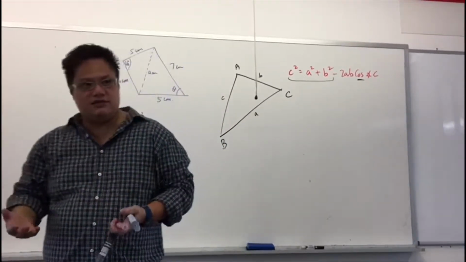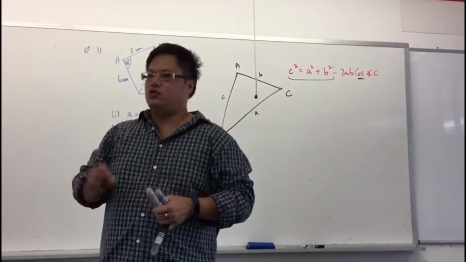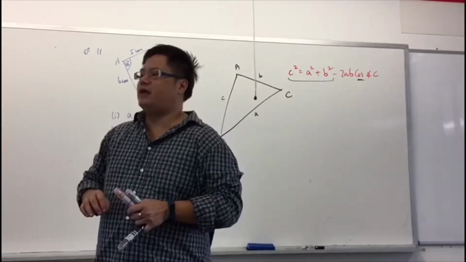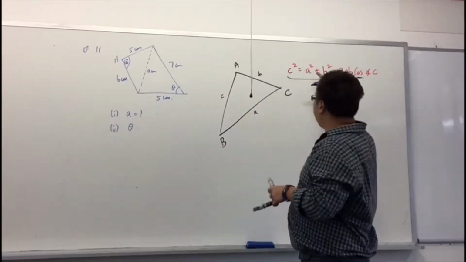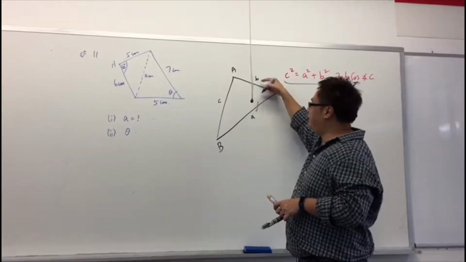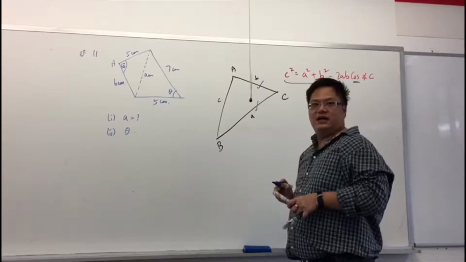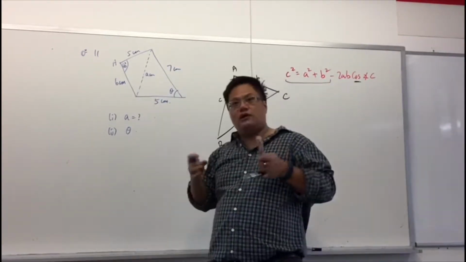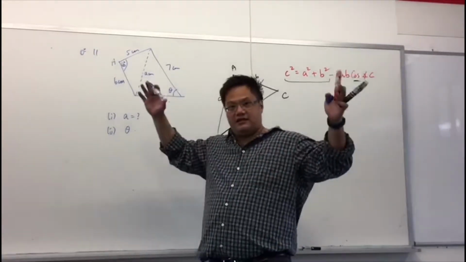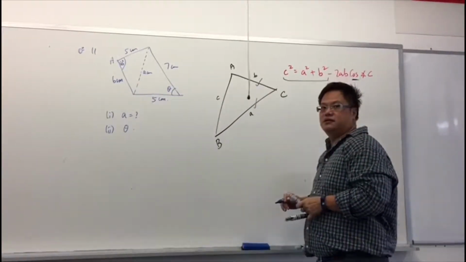Because I shared with the girls yesterday, to remember this, you simply go back to the bread and the patty. Watch here. The a is the bread, the b is the bread. Bread is called the given length, the known length. So what is the patty?